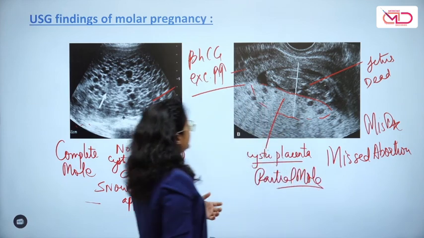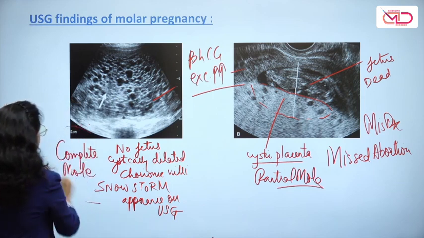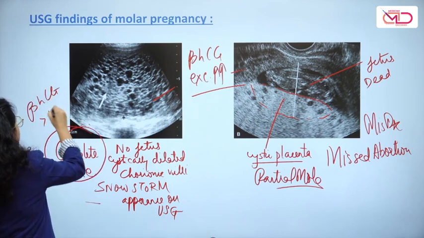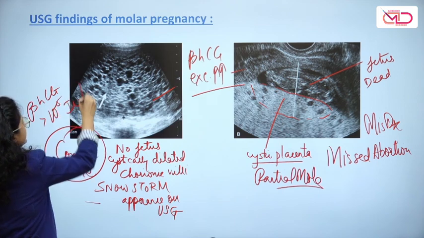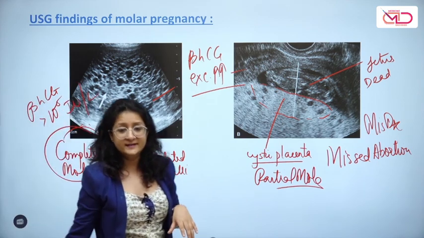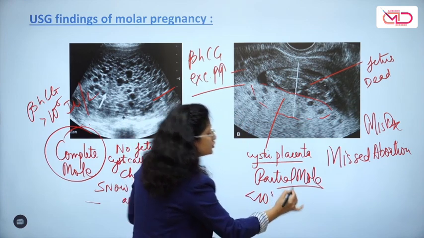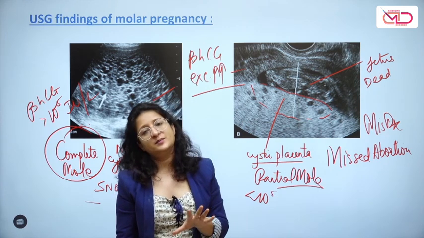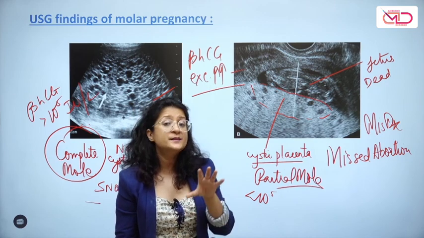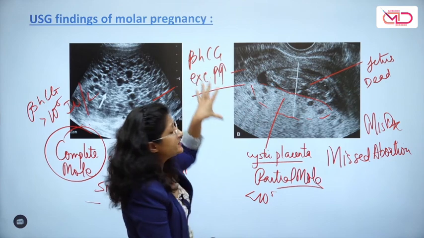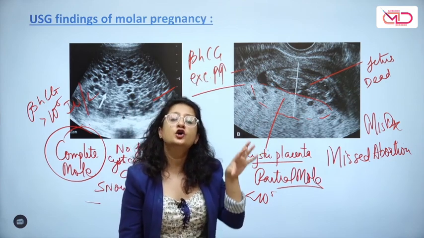Now, in a case of complete mole, the beta HCG is usually more than 10 to the power 5 international units per liter. And in partial mole, beta HCG is usually less than 10 to the power 5 international units per liter. I am saying usually, not always. So, beta HCG could give us a clue.